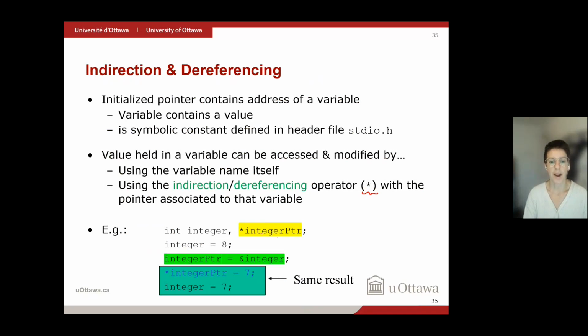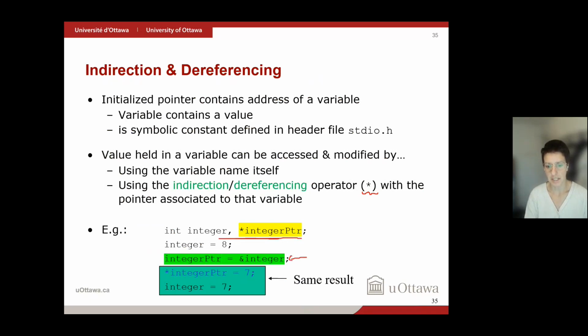And so we use this operator when we are declaring our pointer variables, but we're also going to use it when we want to fill the contents of an address. So here we have declared integer pointer.